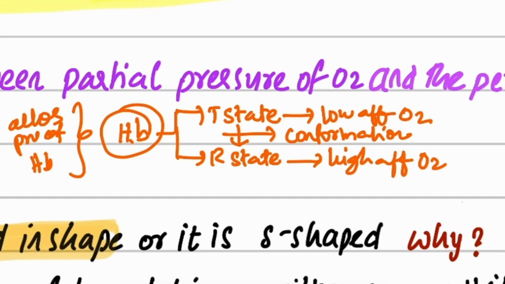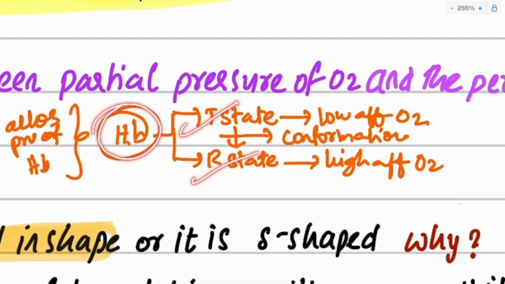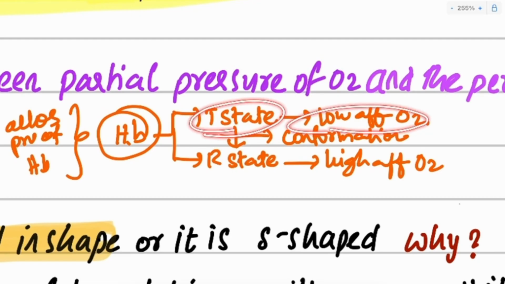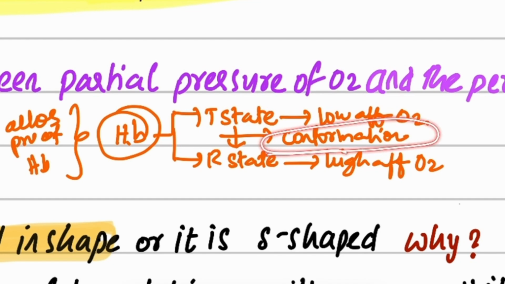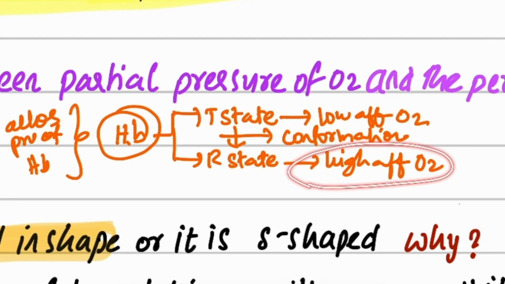The first reason is the allosteric property of hemoglobin: it exists in T state and R state, the T state has low affinity for oxygen and the R state has high affinity. To increase the affinity of hemoglobin towards oxygen, there is a conformational change in the structure, converting it from T state to R state.